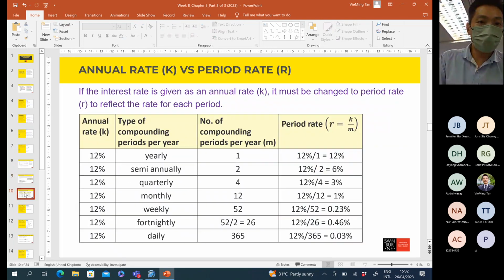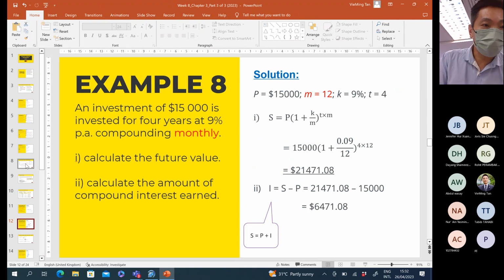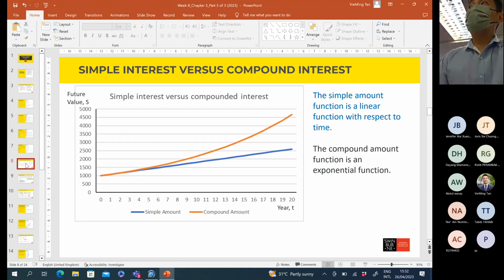You may find that compound interest is good for the investor. Why? Because the interest earned is increasing exponentially like this. The orange line refers to the interest, the future value. For compound interest, it's increasing exponentially, right?